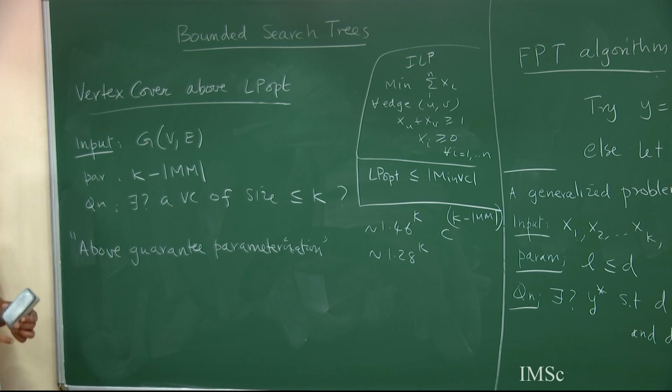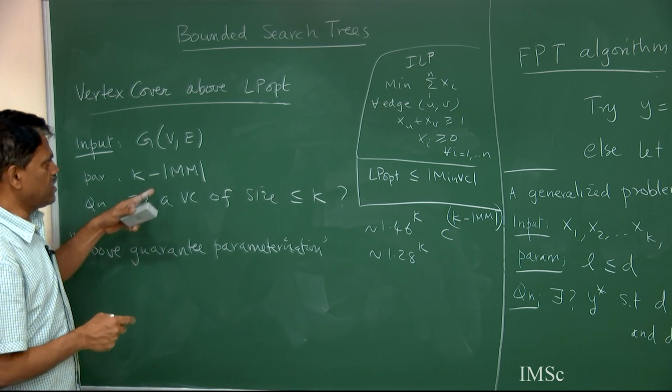Why is this? Because you are relaxing. The minimum vertex cover will also satisfy your LP, and you might get an even smaller value, because of the minimization objective, by relaxing from integrality constraints to fractional values, right.